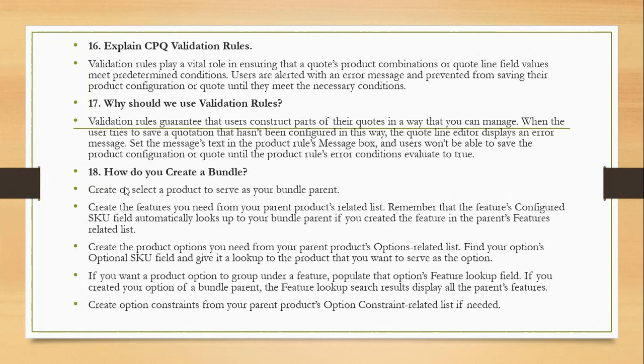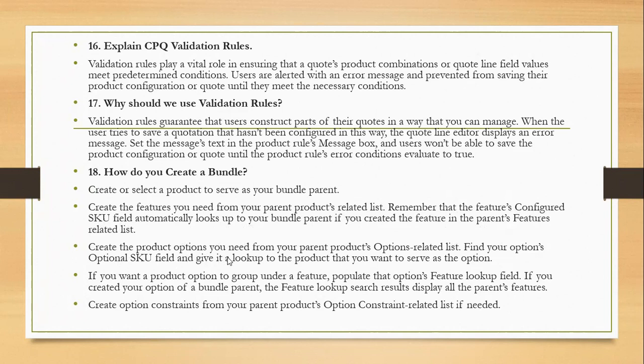Next question, how do you create a bundle? Create or select a product to serve as your bundle's parent. Create the features you need from your parent product's related list. Remember that the feature's configuration fields automatically look up to your bundle's parent if you created the features in the parent's features related list.